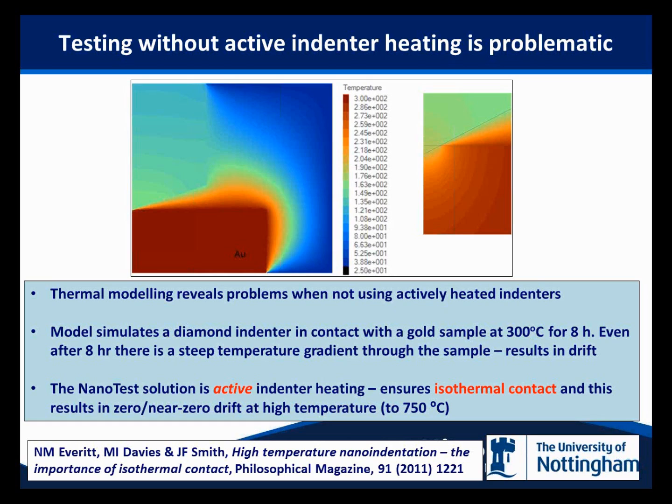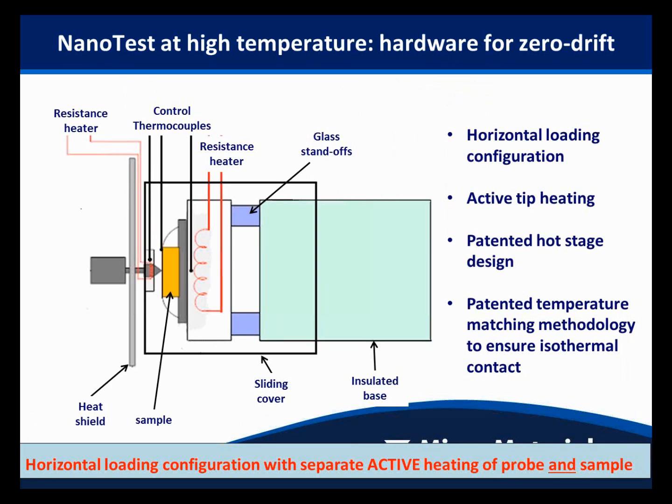So the solution to this is to actively heat the indenter as well as the sample, and this ensures that you achieve an isothermal contact, and this can therefore result in either very low drift or, if you set it up with a bit more care, essentially zero drift at very high temperatures.